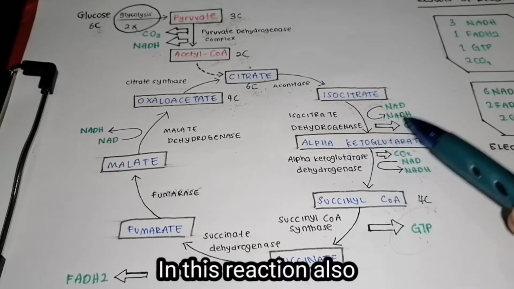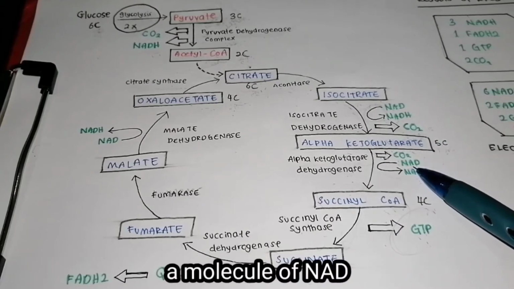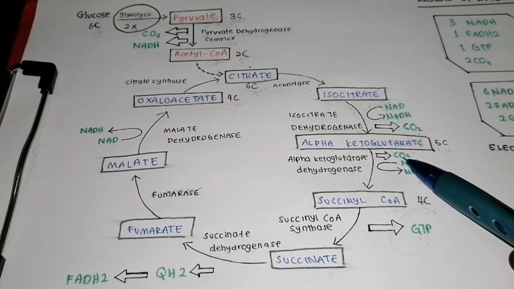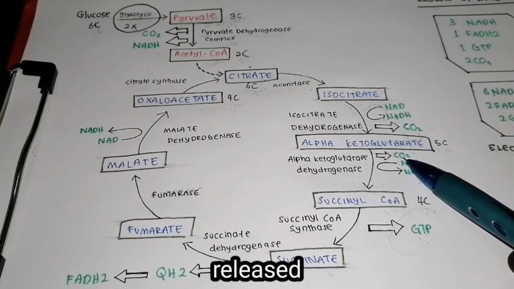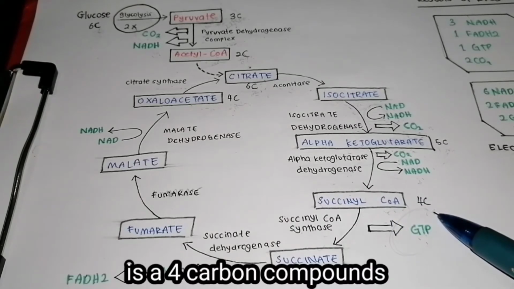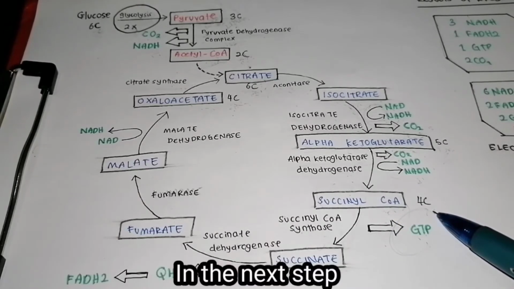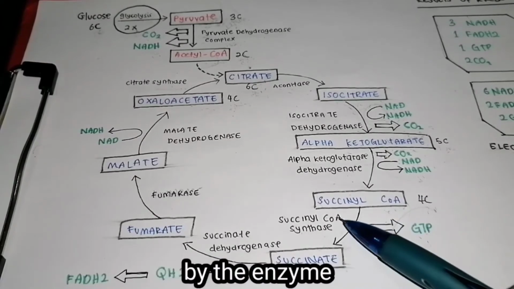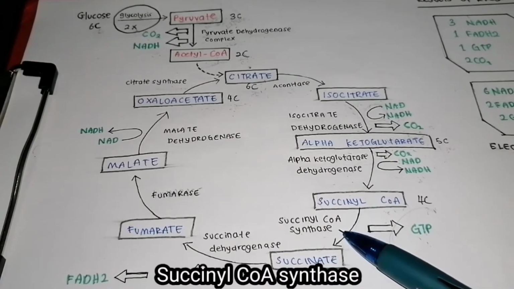In this reaction also, a molecule of NAD is reduced to NADH and a molecule of carbon dioxide is released. Hence, the succinyl-CoA is a 4-carbon compound. In the next step, the succinyl-CoA is converted into succinate by the enzyme succinyl-CoA synthase.